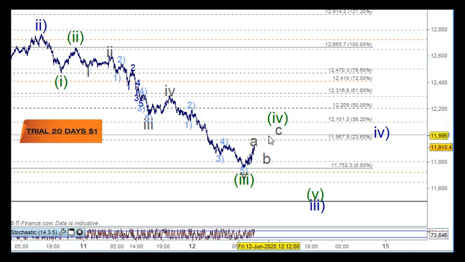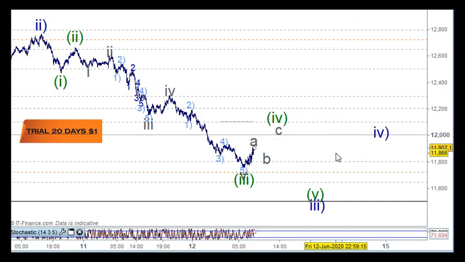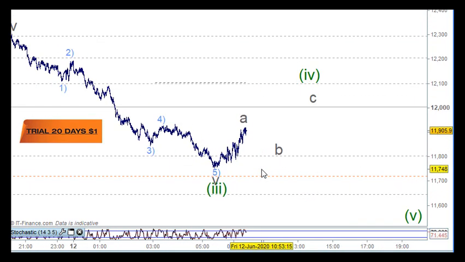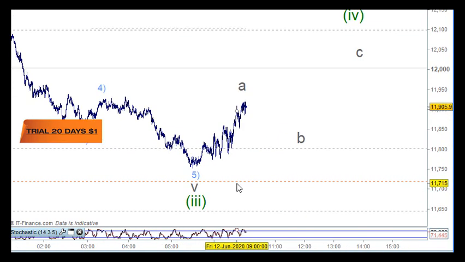So it may find that as a glass ceiling there. So we need to be mindful of that space there. That's at 12,100, and we will be looking for an ABC, a corrective pattern to the upside there.